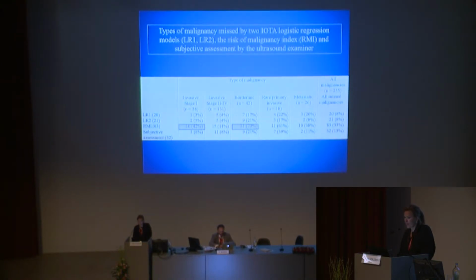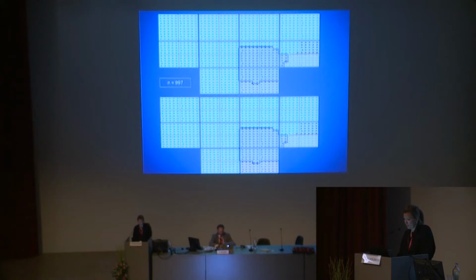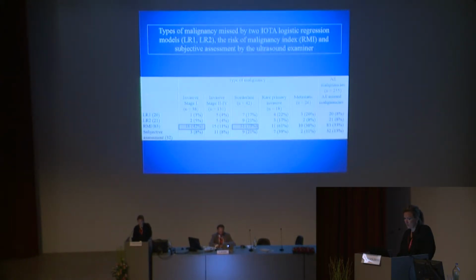Here you see the types of malignancies that were missed by the 2 IOTA logistic regression models, LR1 and LR2, and by the RMI. And you see that the RMI missed 42% of the stage 1 cancers, compared to 3 and 5% by LR1 and LR2, that it missed 73% of the borderline cases compared to 17 and 21% by LR1 and LR2.